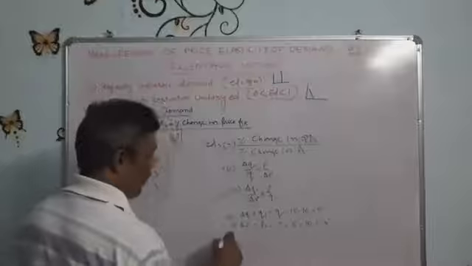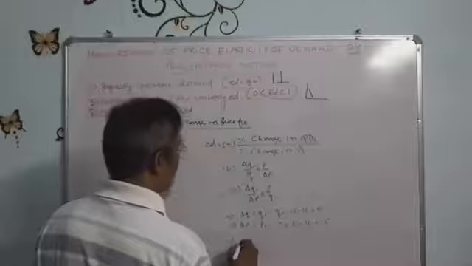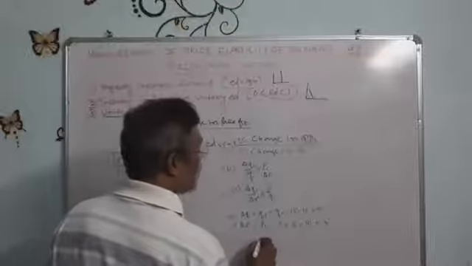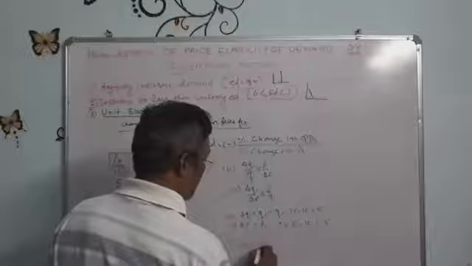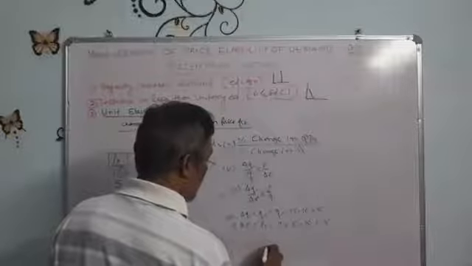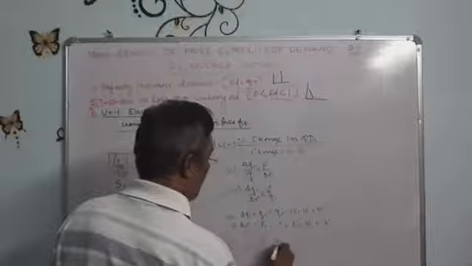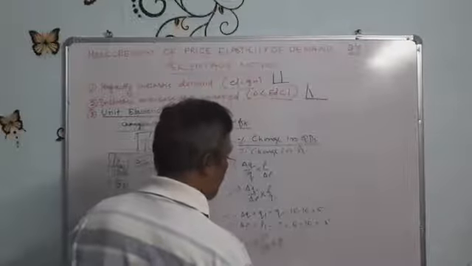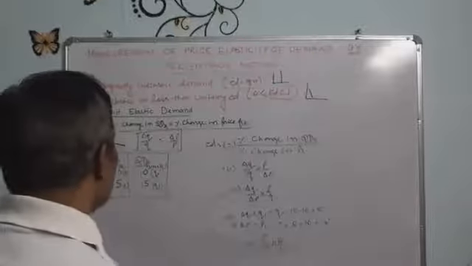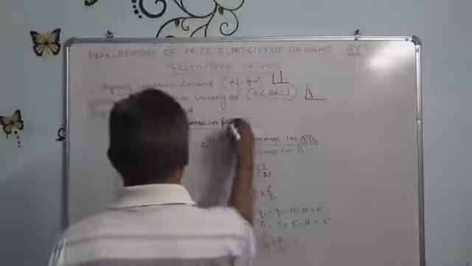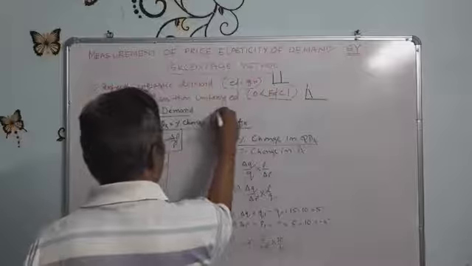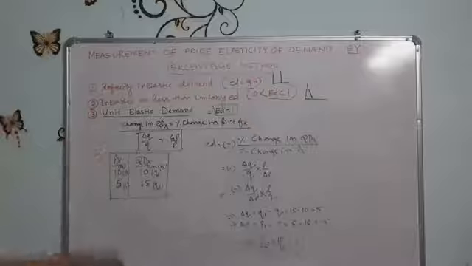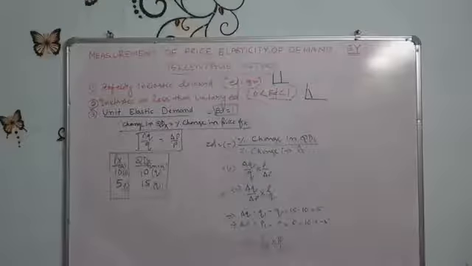So we put the values: minus delta Q, which is 5, divided by delta P, which is minus 5, into P, which is 10, and Q, which is 10. Minus minus is plus, equal to 1. So elasticity of demand equals 1. In the unit elasticity of demand case, elasticity of demand equals 1.